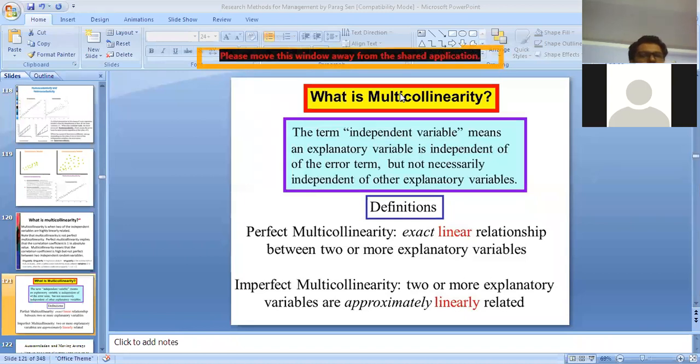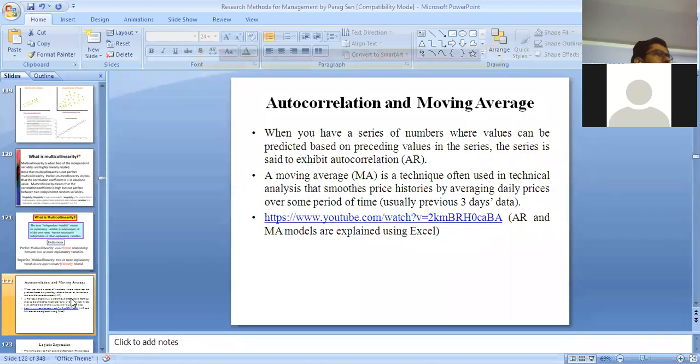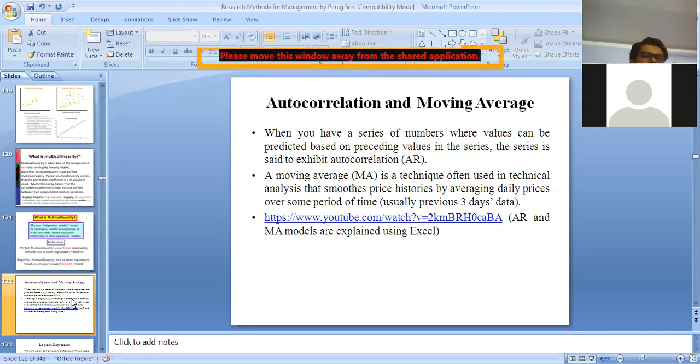So that is known as multicollinearity. Usually you will not find exact or perfect multicollinearity, but you may find imperfect multicollinearity. If you find that, there are some steps or initiatives that you should follow, which we can focus on when we discuss structural equation modeling. But in general, this is known as multicollinearity.